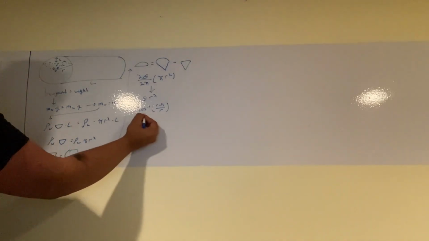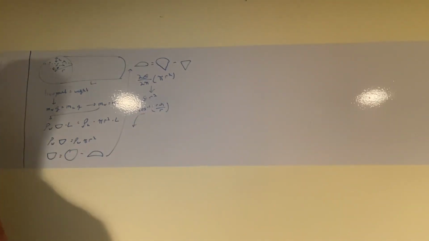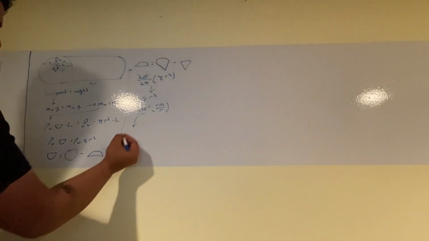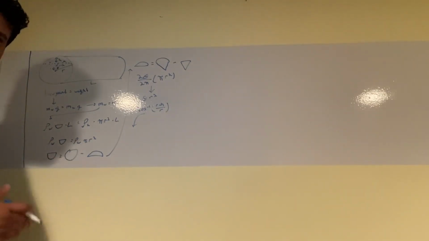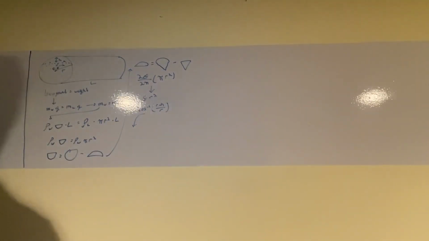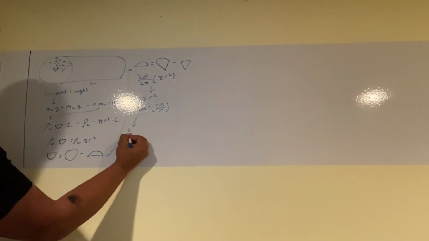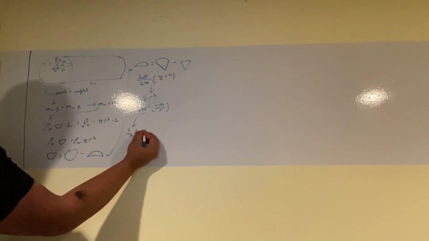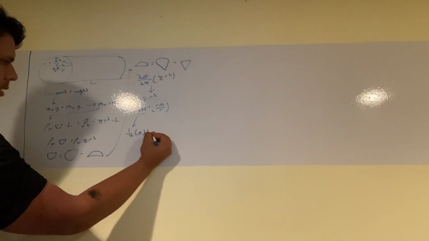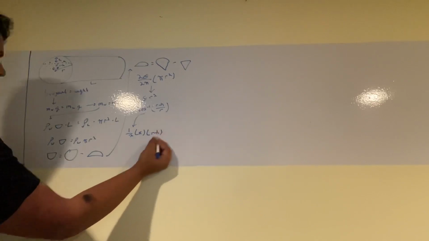So now we get to solve for the area of the triangle. We know that the formula for the area of a triangle is base times height divided by 2. So we have 1/2 times x times r minus h.